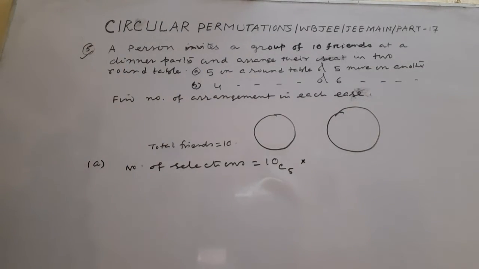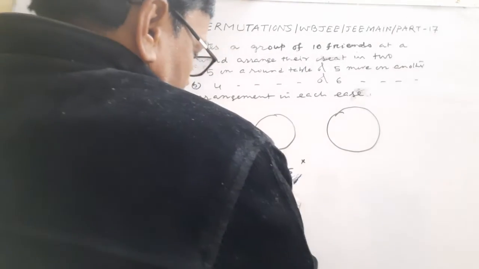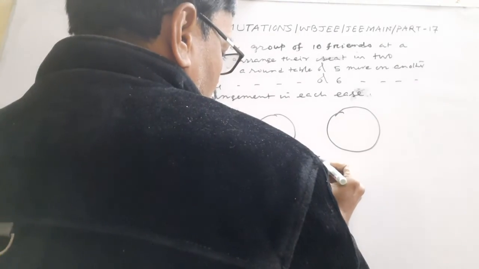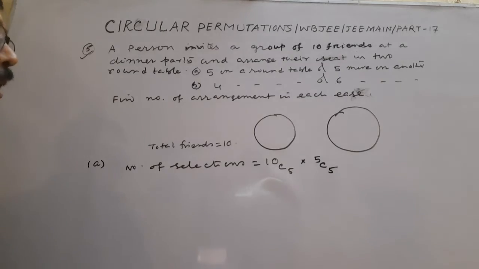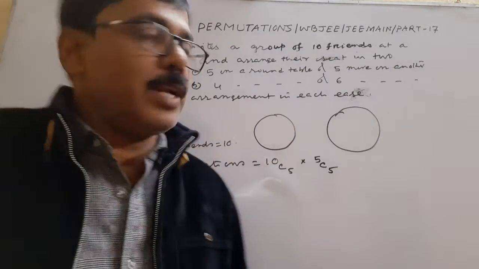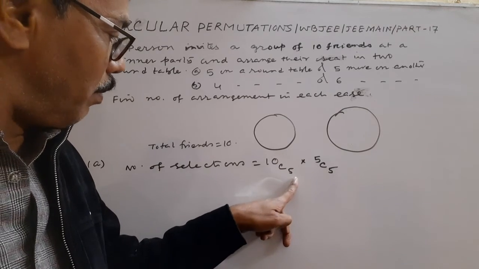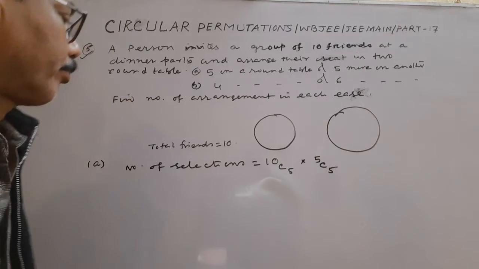If we already use 5, the remaining is 5, so 5C5. This is the number of selections. Out of 10, 5 can be selected in 10C5, and the remaining 5 in 5C5.